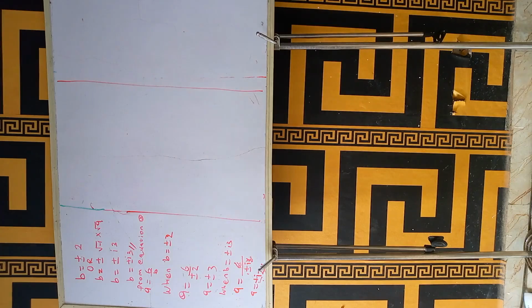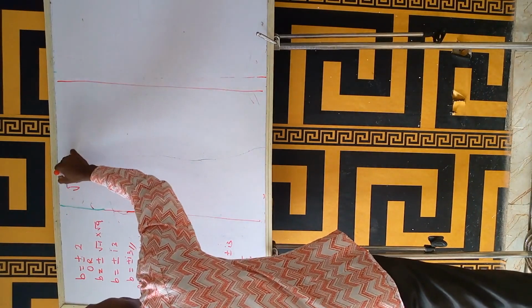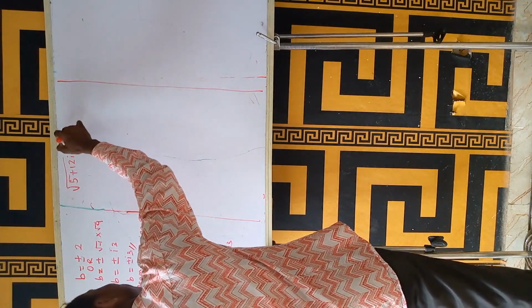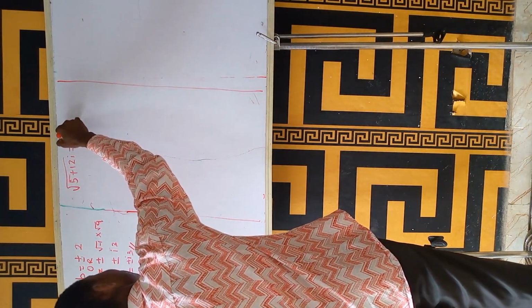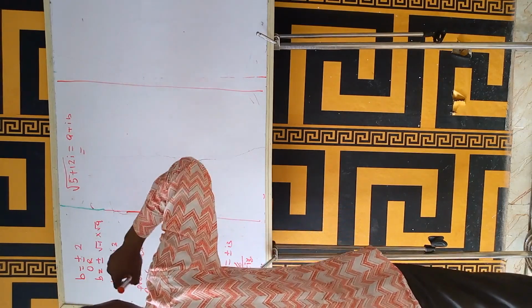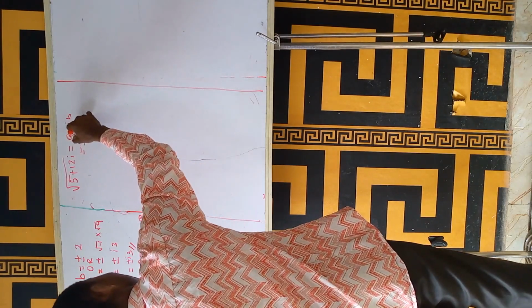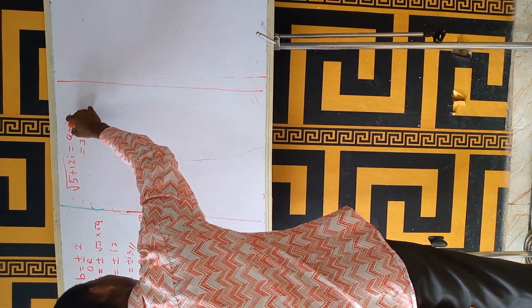For a and b. But in representing it as square root of 5 plus 12i, I will definitely have something like this. a plus ib. My a will now be equal to 3 plus ib.